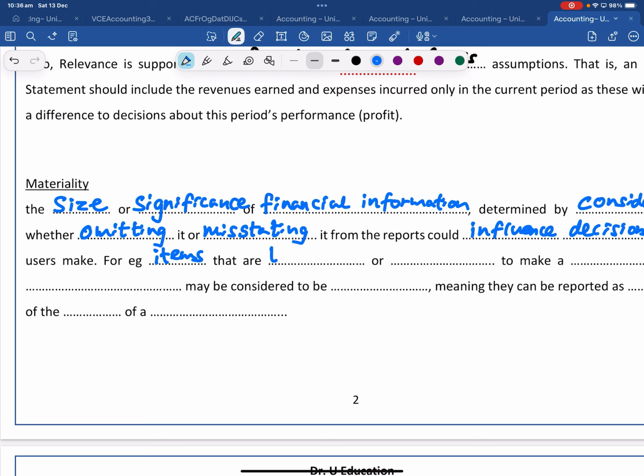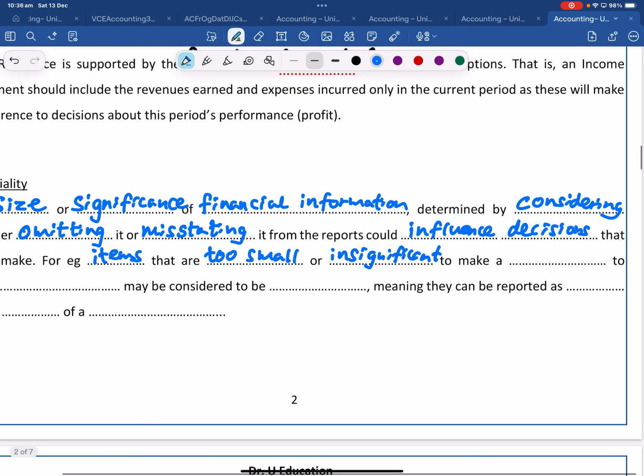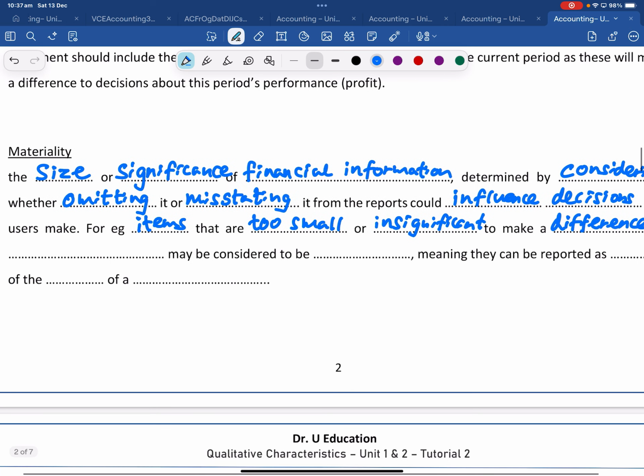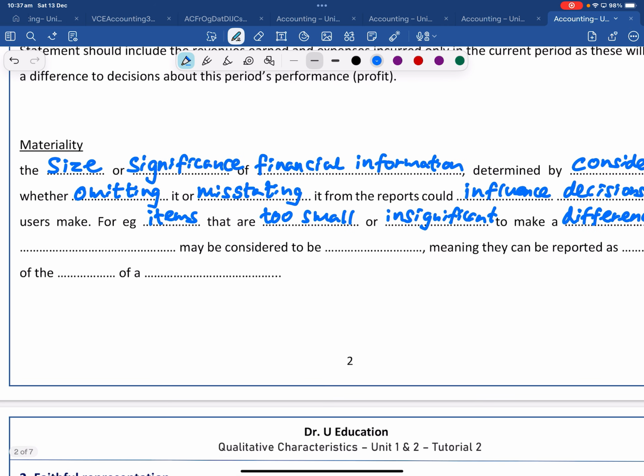that are too small or insignificant to make a difference to decision making may be considered to be immaterial.